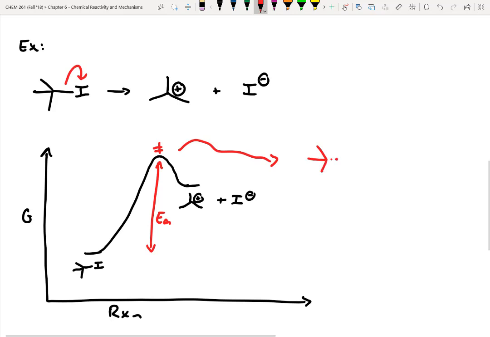So often that's shown with a dash, meaning that that bond's kind of halfway between made and broken. And we also want to show partial charges, right? So partial charges are important. This iodine isn't formal negative yet. It's just a partial negative. And the carbon is going to be partial positive. And to show that this is a transition state, we put it into brackets. And then on the outside of the brackets, we include a double dagger to indicate that this is a transition state for that reaction.